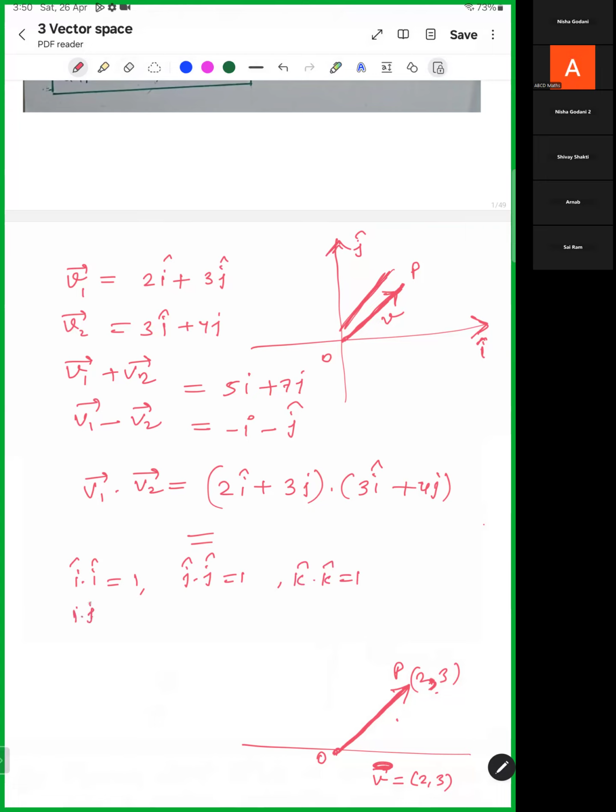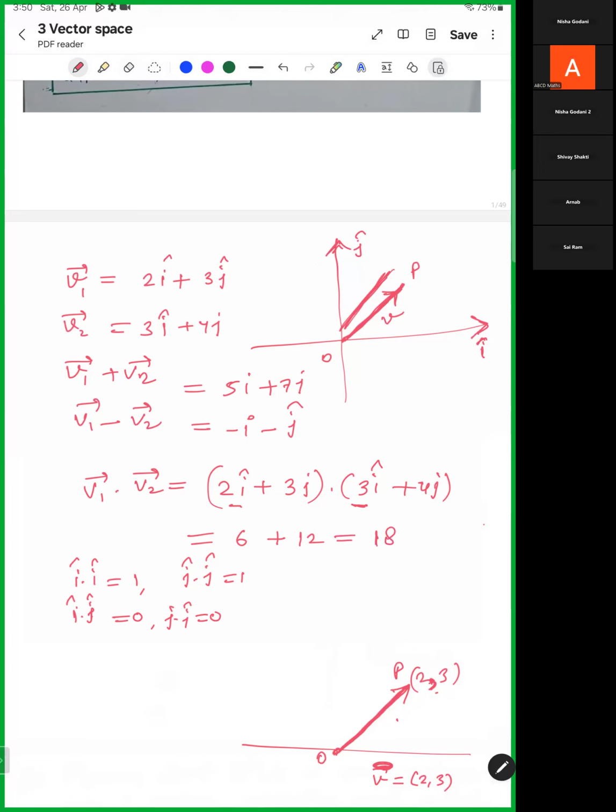If I am taking two dimensions, there is no need to write this k. And i dot j is 0, or j dot i is 0. So here 2i into 3i gives 6, and 3j into 4j gives 12. In this way, this gives you a scalar quantity.